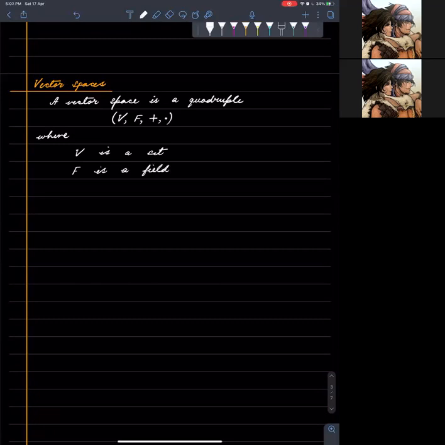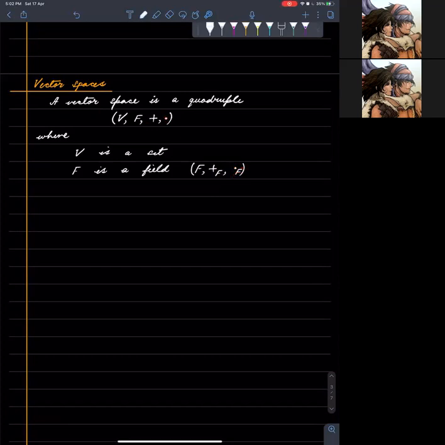When I say F is a field, F already comes with its own addition. So this is admittedly going to be confusing. But F comes with its own plus, which I have just subscripted so that we do not get confused with this plus, and its own multiplication so that we do not get confused with this dot.